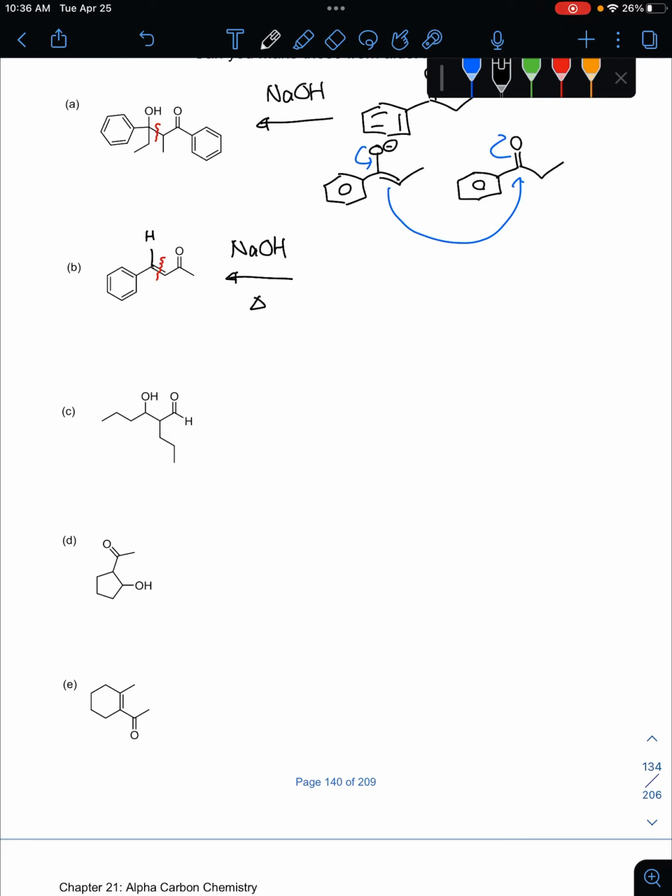So we should be able to do this with benzaldehyde and acetone. And this combination works because the acetone can become an enolate, but the aldehyde can't. So this is a mixed aldol, or cross aldol, we might have called it in class, that works.